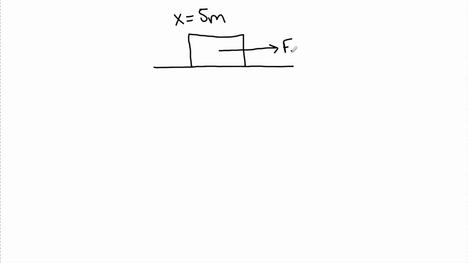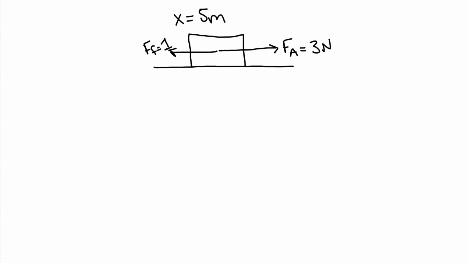So now I am going to have a box. It's going to move the same x equals 5 meters. Okay, and I'm going to have an applied force here that's going to be equal to 3 newtons. And I'm also now going to have a friction force that's equal to 1 newton.